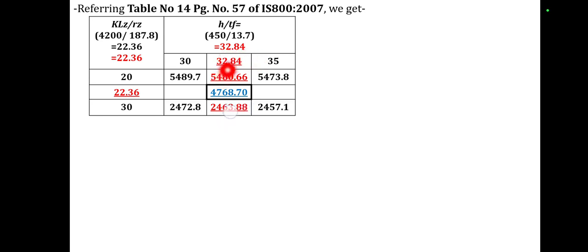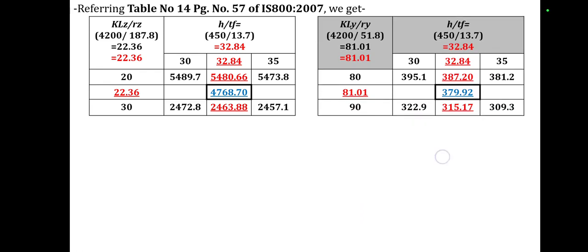For 20 and 30, for H upon TF of 32.84, after calculating these two values, for KL upon RZ of 22.36 we get our value of FBD as 4768.70. Then again for KL upon RY we calculate the value in the same way.